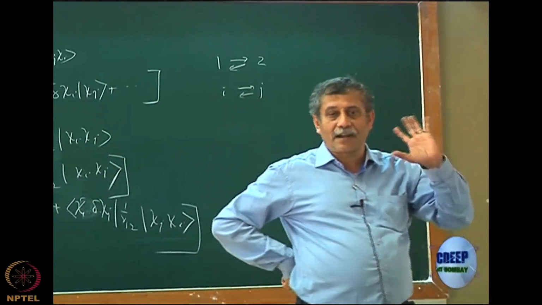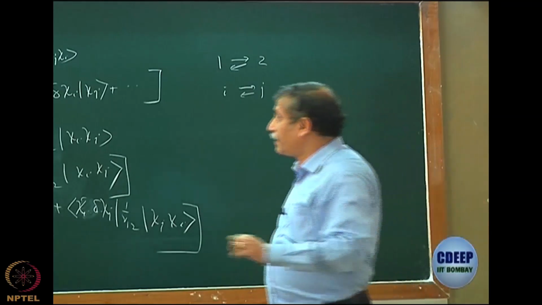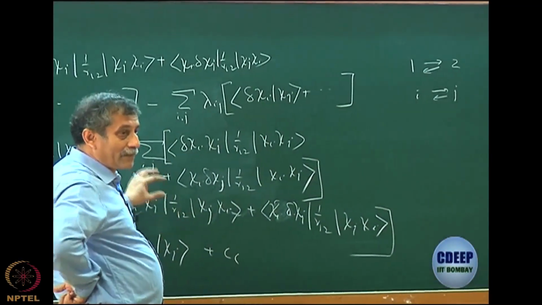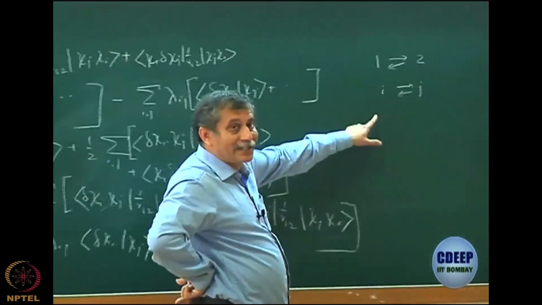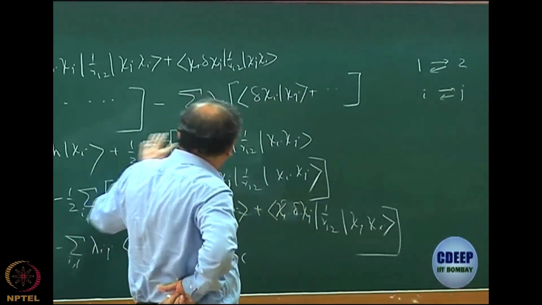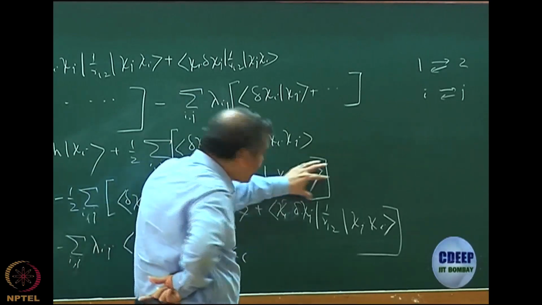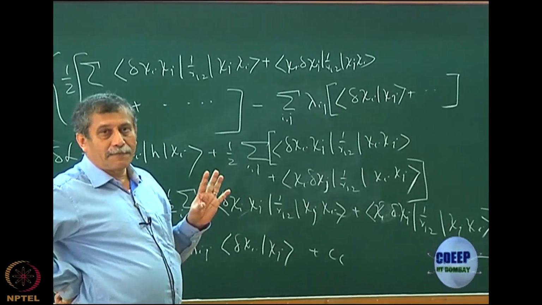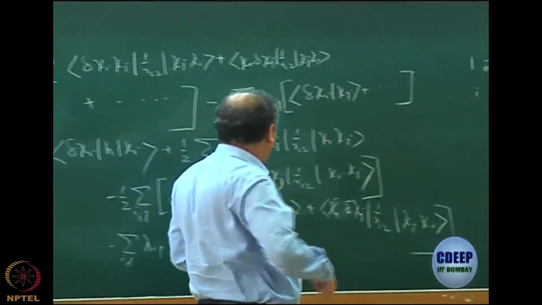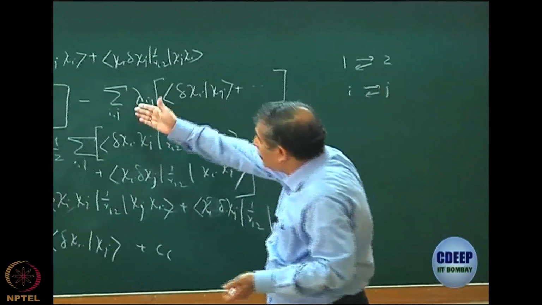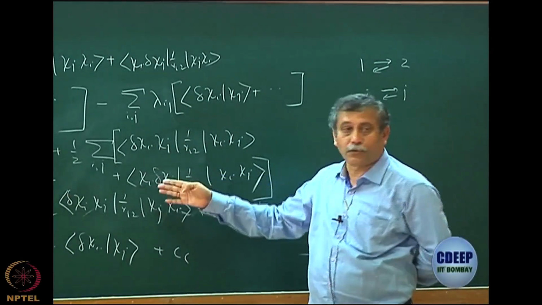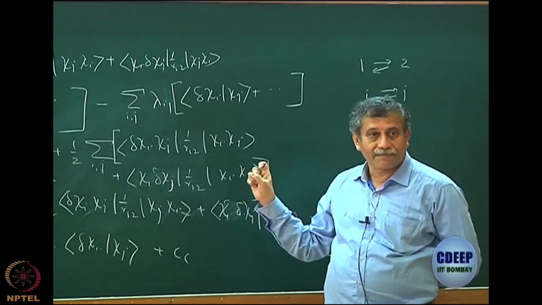So please understand how to manipulate the dummy variable. Once again, for a given ij, it is not the same, because I am using this dummy variable ij, so it must be the sum over ij of this equal to the sum over ij of this. That is important to note. So my overriding interest is to bring all delta chi i on the left. To do that, I am doing a 1-2 interchange.